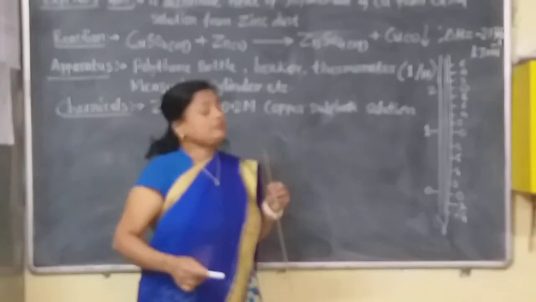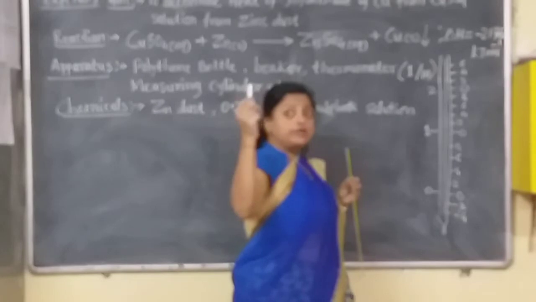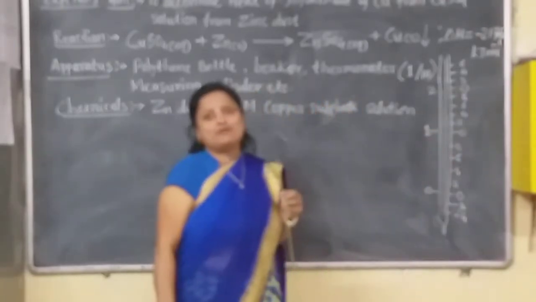Again above 10 there are 2, 4, 6, 8. In this way there are the markings.